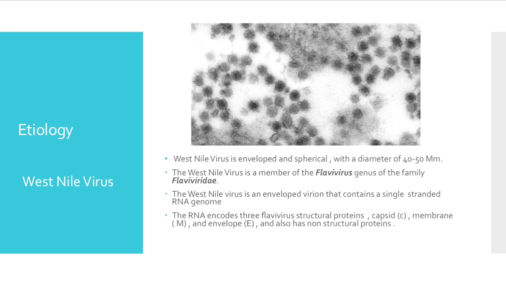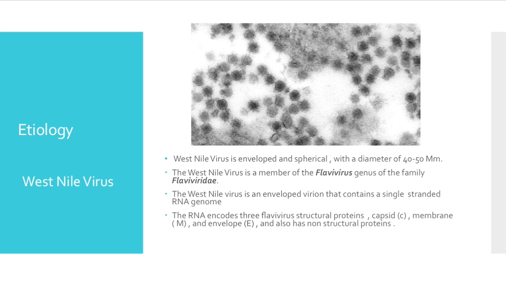The West Nile virus is an enveloped virus that contains a single-stranded RNA genome, so that's something important to know: it is RNA encoded. The RNA encodes three flavivirus structural proteins: capsid C, membrane M, and envelope E. It also has non-structural proteins.